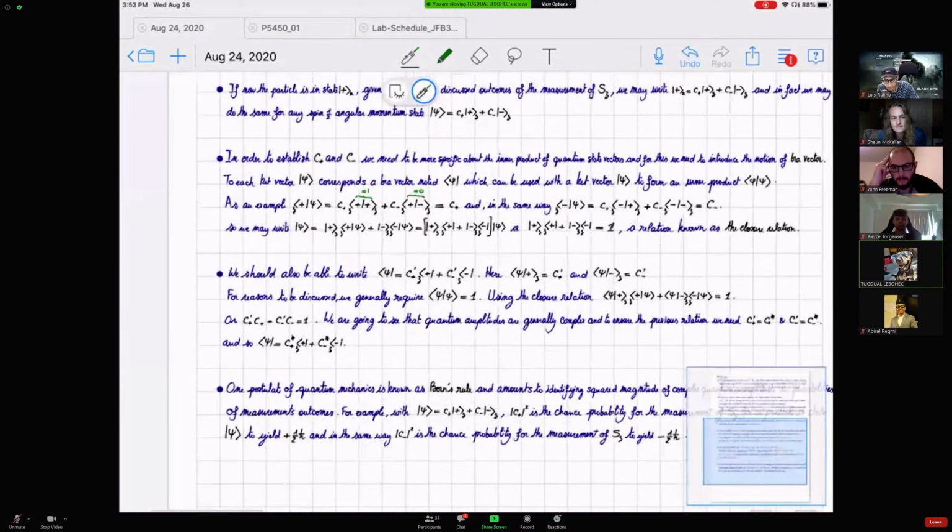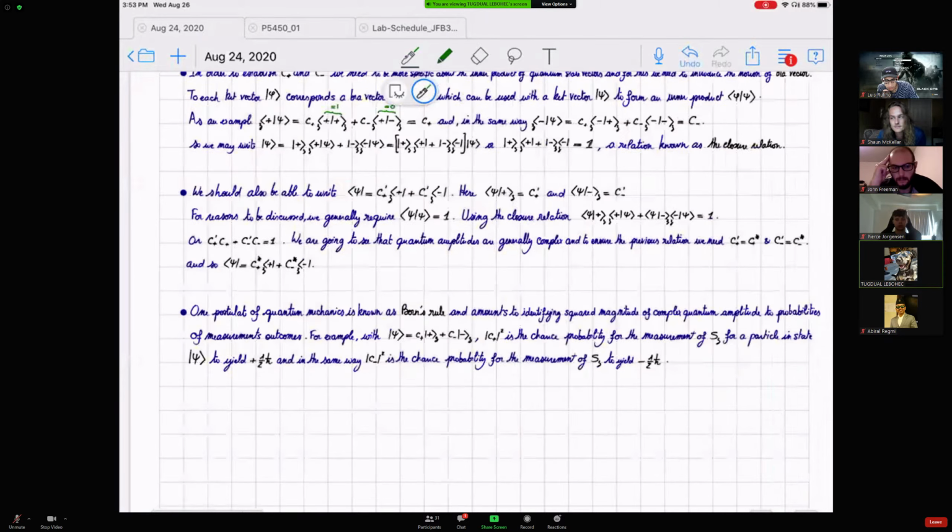There is a postulate, and maybe I should comment on that word postulate. When you have been studying mechanics or electromagnetism or anything else in physics that is not quantum physics, you start from very fundamental principles, and by applying these fundamental principles, you can reach very elaborate conclusions about complicated situations.